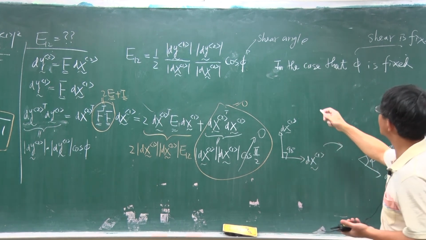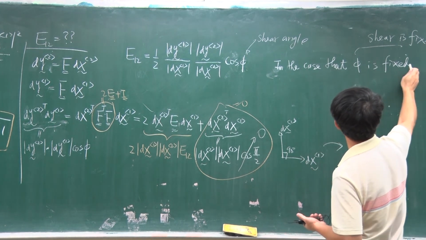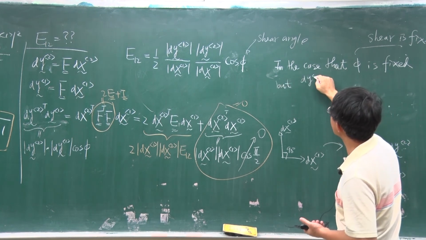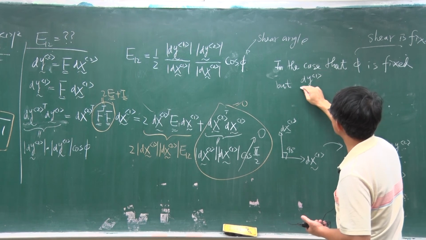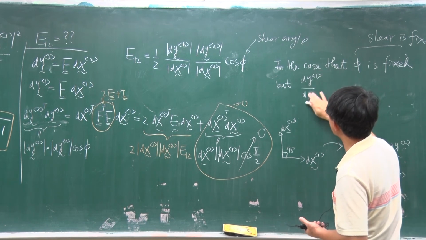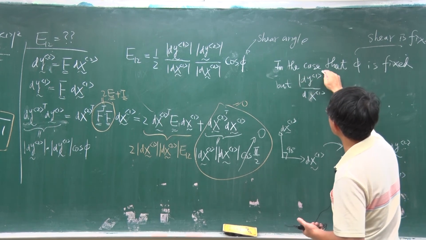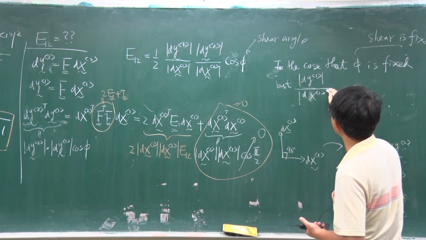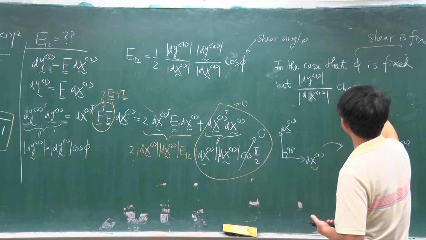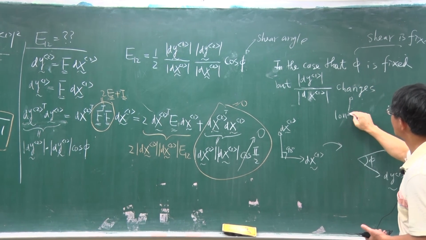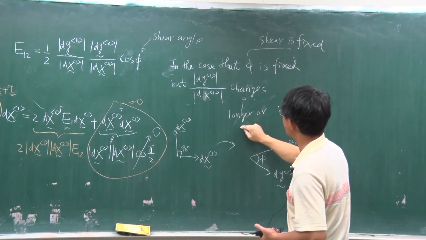Okay, but in the case that phi is fixed, but the ratio changes, it means that the material line becomes longer or shorter.